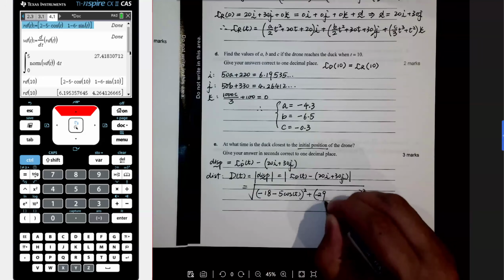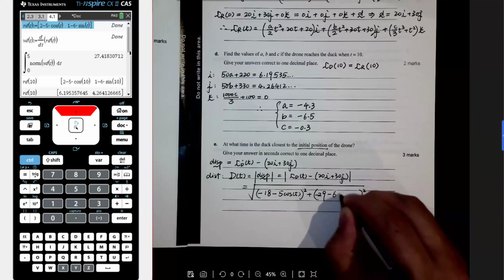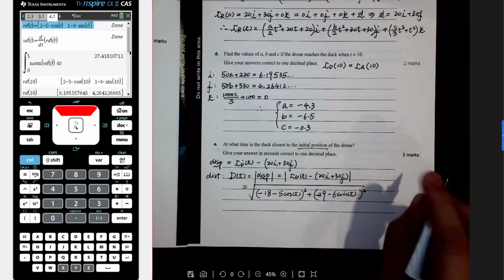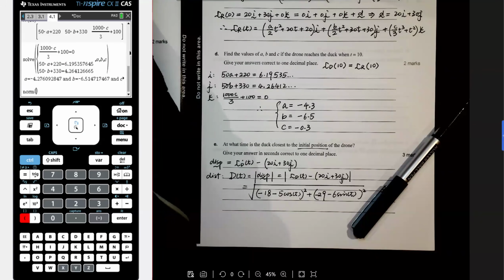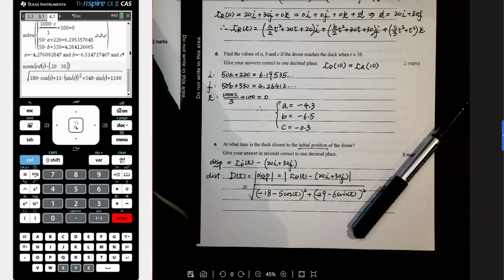So minus 29, take away 6 sine t, something along this line. Alternatively, you might want to do, let's say, norm of RD of t, take away (20, 30). It will give you something along this line.